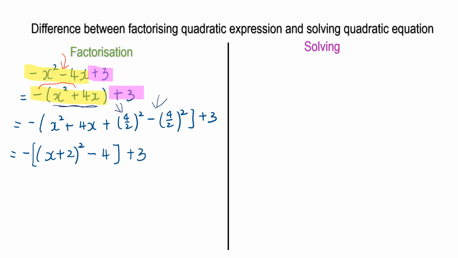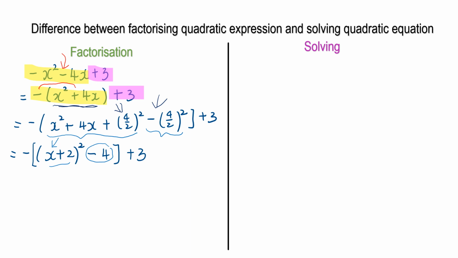And this guy here will form your complete square, which will become bracket x plus 2 to power of 2. This is a perfect square. And this, if you use your calculator to work it out, press negative first, followed by bracket 4 divided by 2, close bracket squared. You will get negative 4.